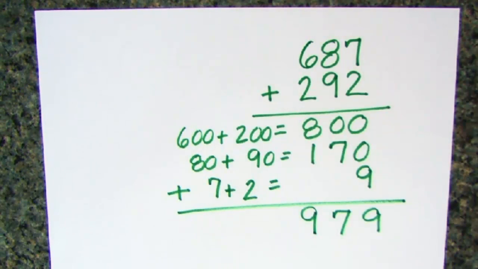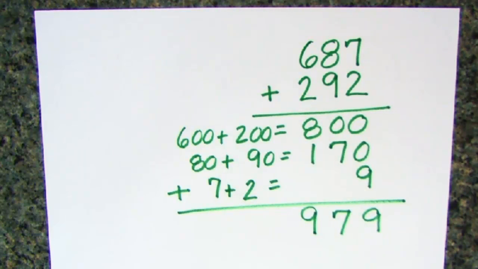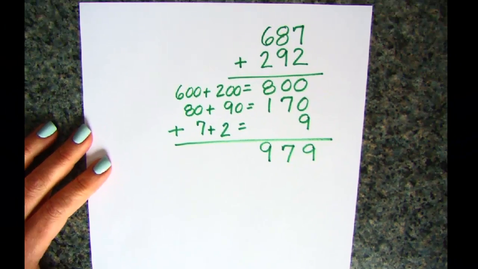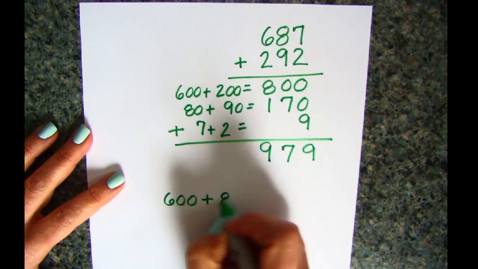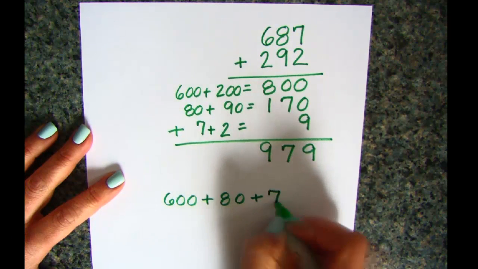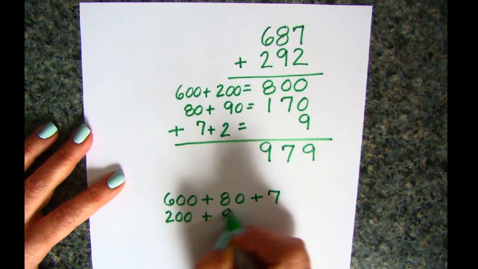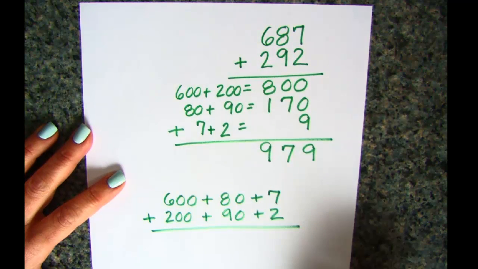And so the student is able to see these partial sums and where they came from, and it ties it very much to the place value expanded form. Let's show what that would look like. We would have 600 plus 80 plus 7, and 200 plus 90 plus 2. We'd stack them like this.